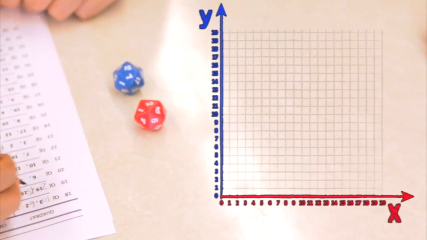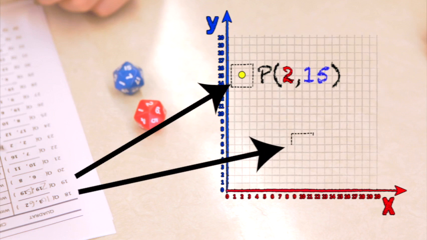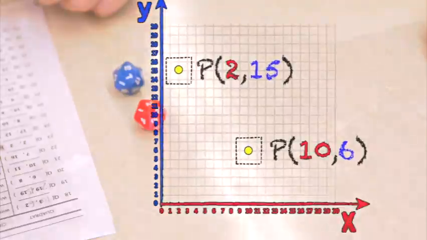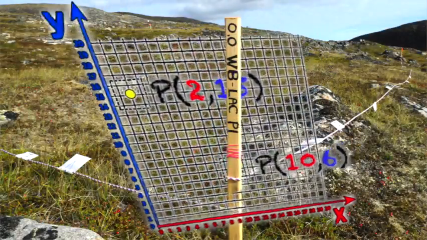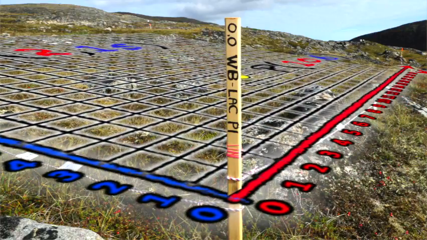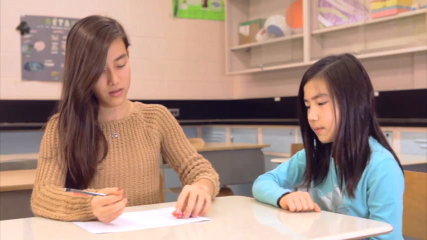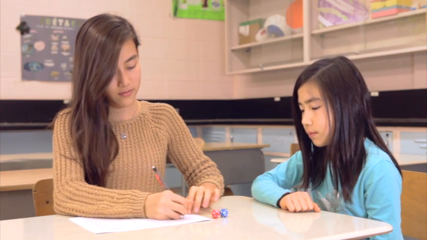Each pair of xy coordinates will correspond to a specific quadrat location. If a team lands on a quadrat location that has already been drawn, then the dice are simply rolled again.